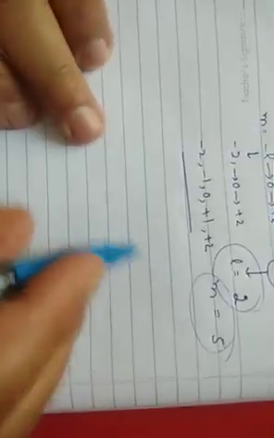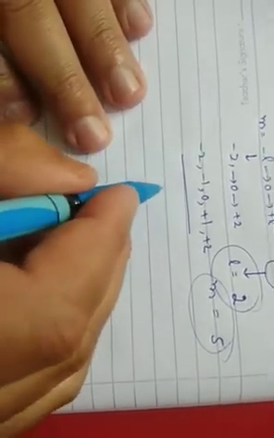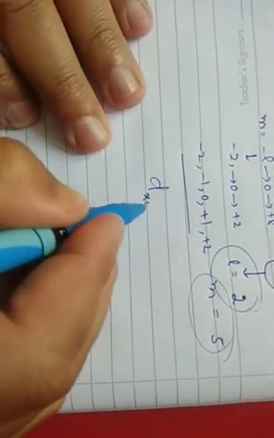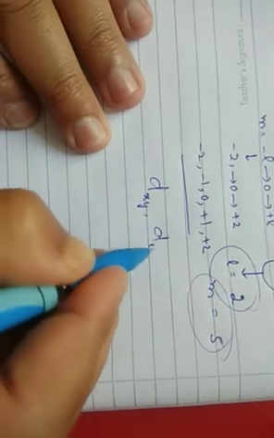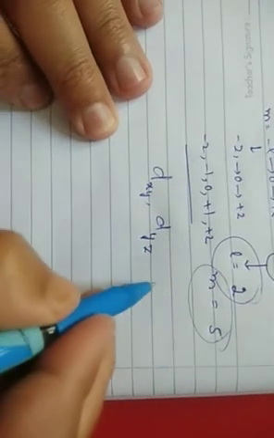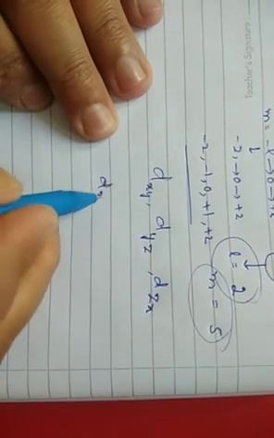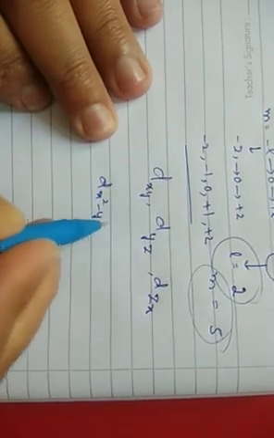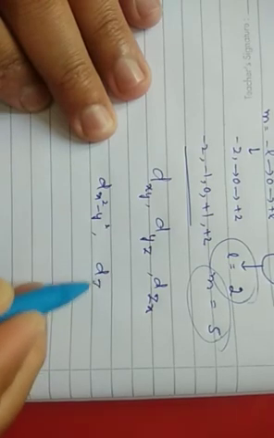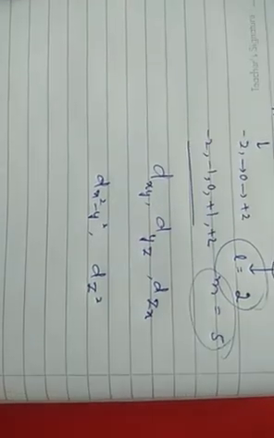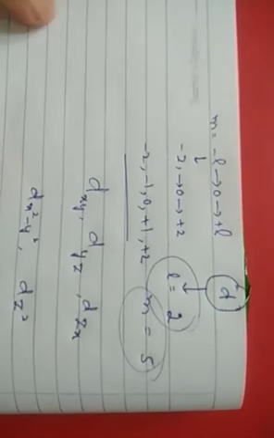Those 5 orbitals have been designated as dxy, dyz, dzx, then dx square minus y square, and dz square. So these are the 5 orbitals which are present in the d subshell.